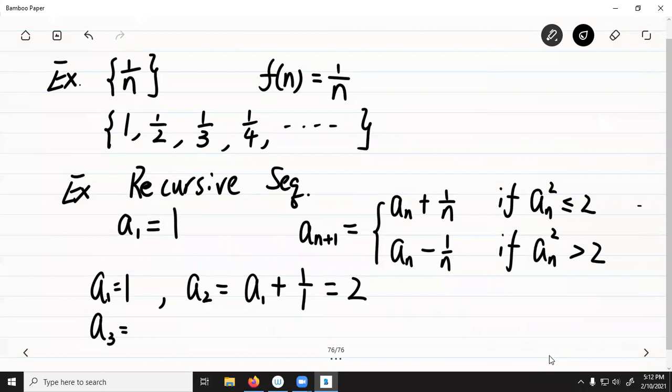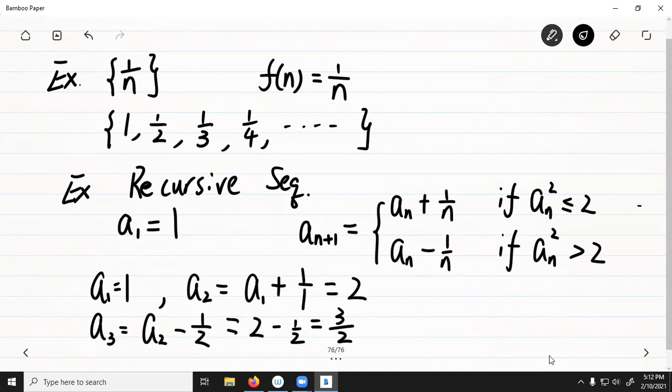A2 squared equals 4. 4 is greater than 2, so we use the second branch. So A3 equals A2 minus 1 over 2, which is 2 minus 1 over 2, which is 3/2.